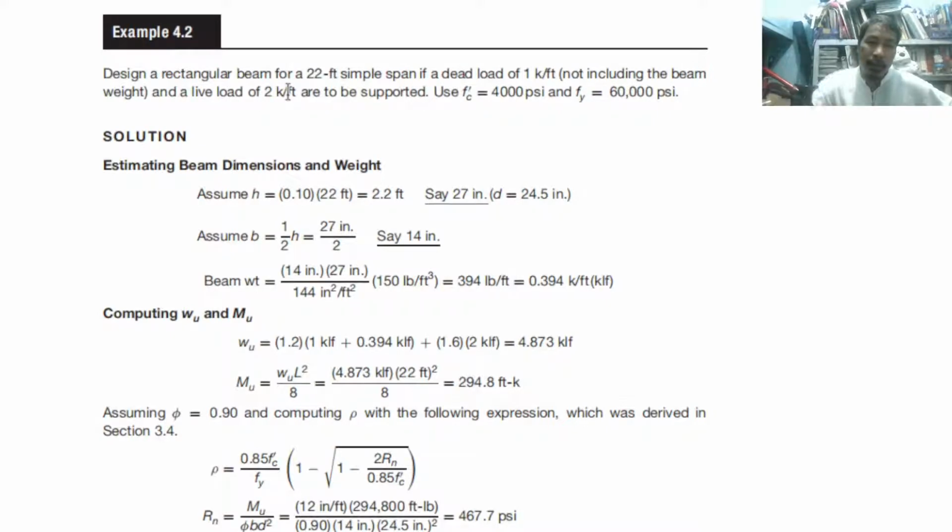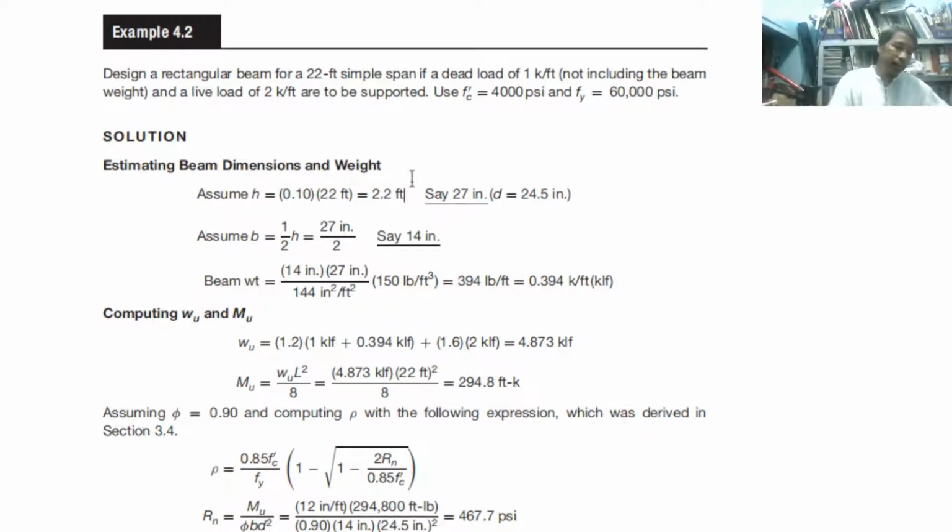Let us assume the value of h and the value of b. We have the minimum value for a column, but for a beam, let us say h is 27. That is 0.1 times 22 feet, so 10% of the span.